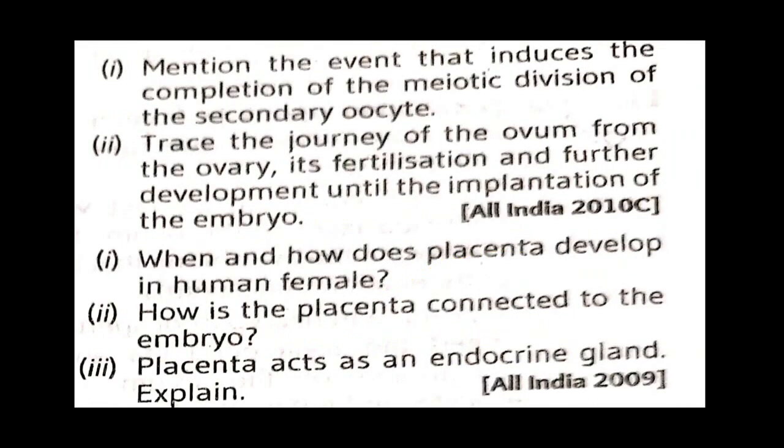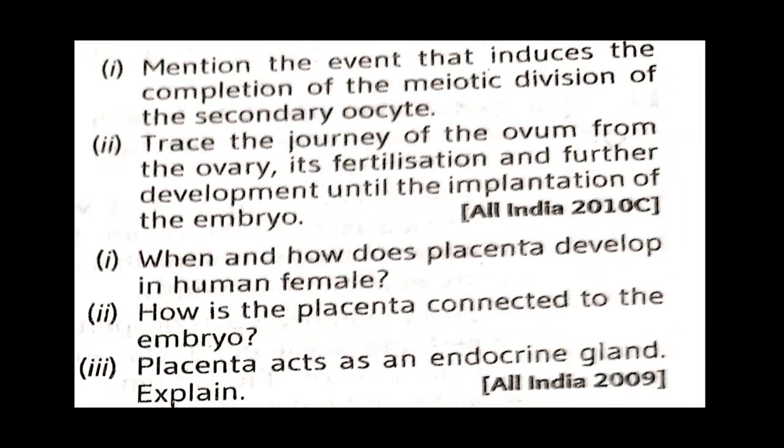Okay, now next, mention the event that induces the completion of the meiotic division of the secondary oocyte. Okay. Trace the journey of the ovum from the ovary, its fertilization and further development until the implantation of the embryo.